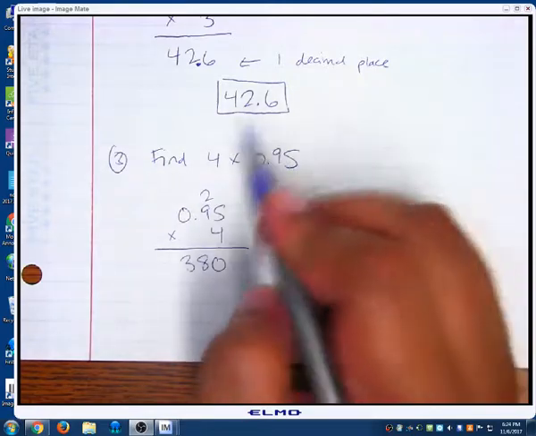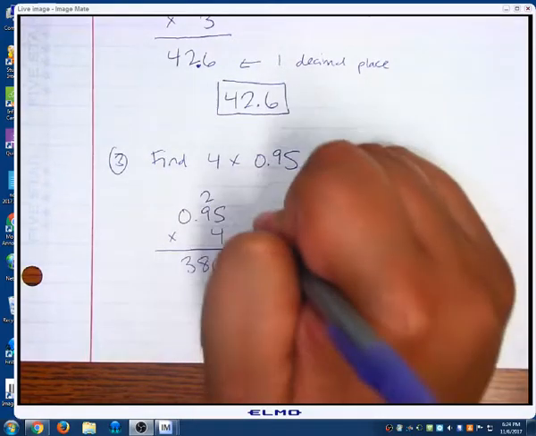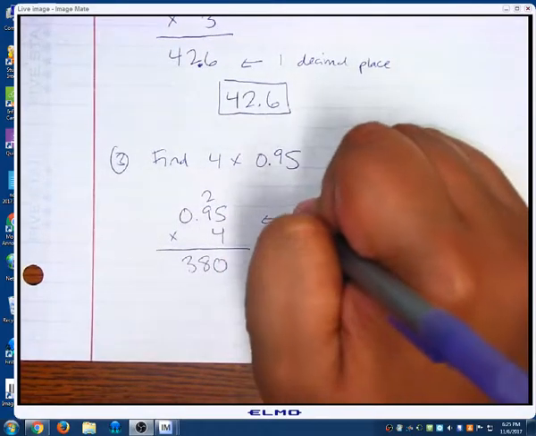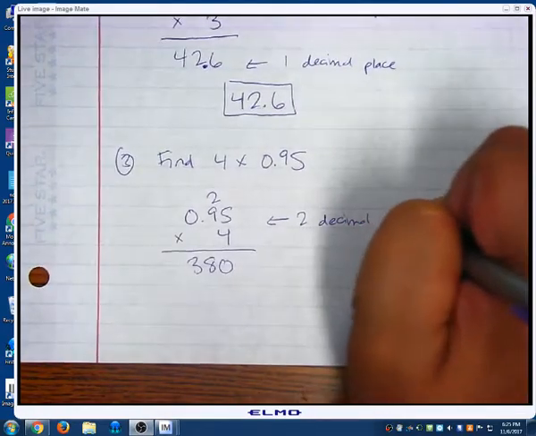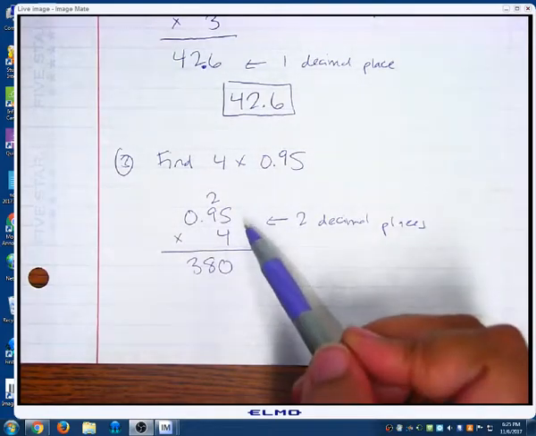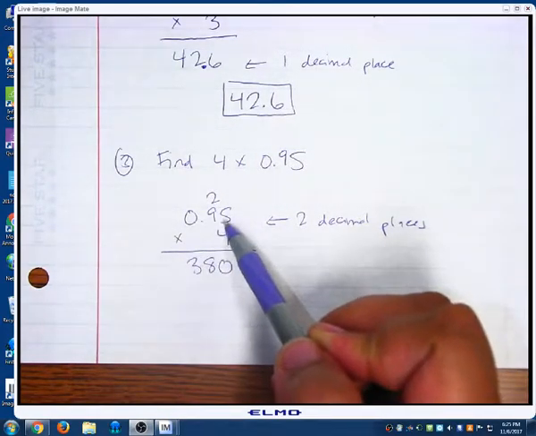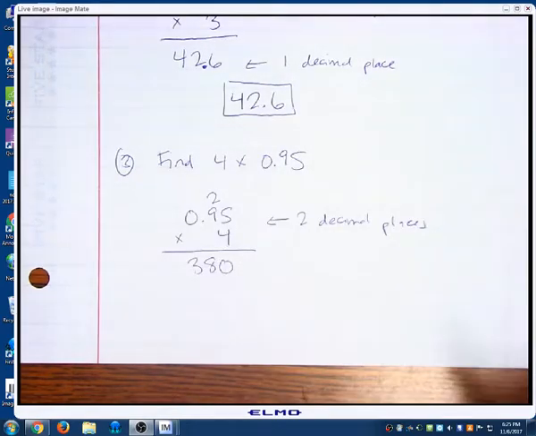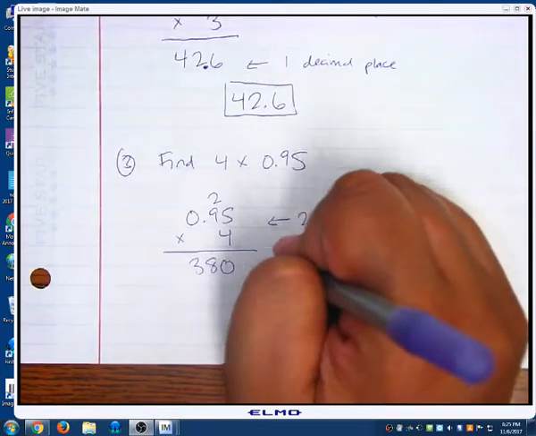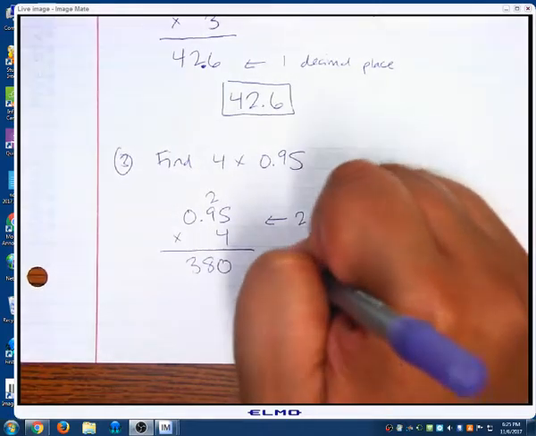So I see that I have 2 decimal places here. Again, I'm going from right to left. I'm counting. So there's 1 space, 2 spaces, right? There's a decimal point right here, which means there should be 2 right here.